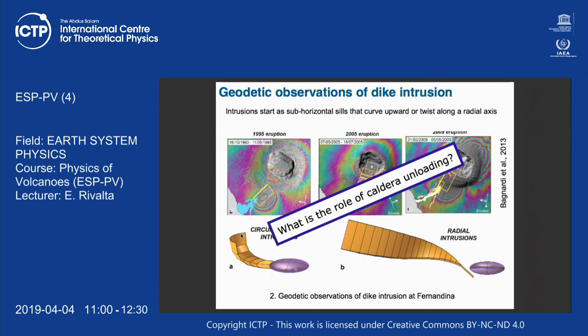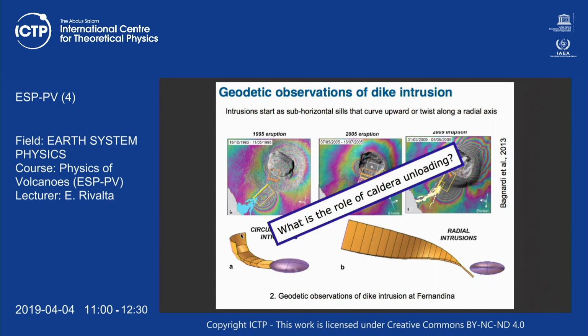So actually these radial fissures are probably not even entirely vertical dikes. They are just something in between, like a tilted dike that created a radial fissure. Like in the plot there, you can see here, it starts horizontal, and then it starts to tilt a bit, and tilt a bit more until you have an eruption.